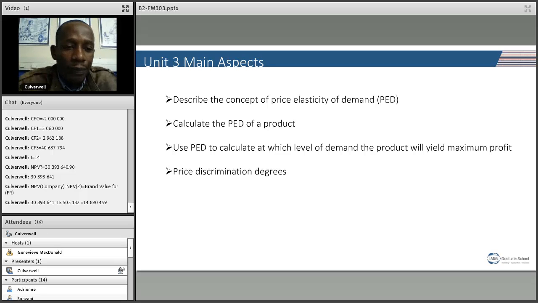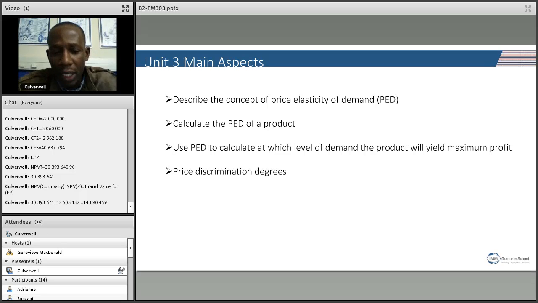So they were looking for the expected quantity demanded. So it's either they ask you to calculate the PED itself, or give you PED, then calculate the missing variable. Use PED to calculate at which level of demand the product will yield maximum profit.